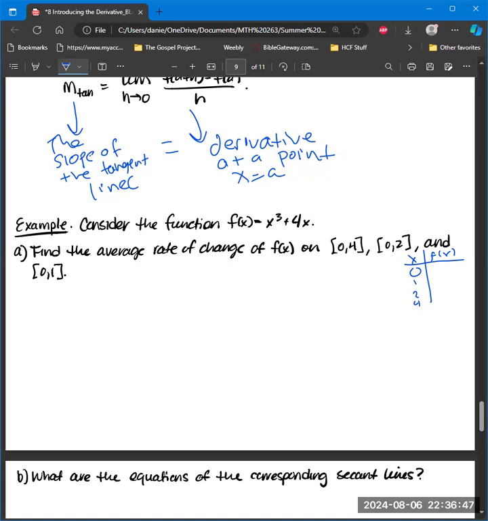So f of 0, 0 cubed plus 0 is 0. 1 cubed is 1, 1 plus 4 is 5. 2 cubed is 8, plus 4 times 2 is another 8, that gives me 16. And 4 cubed is 64, plus another 16 is 80.